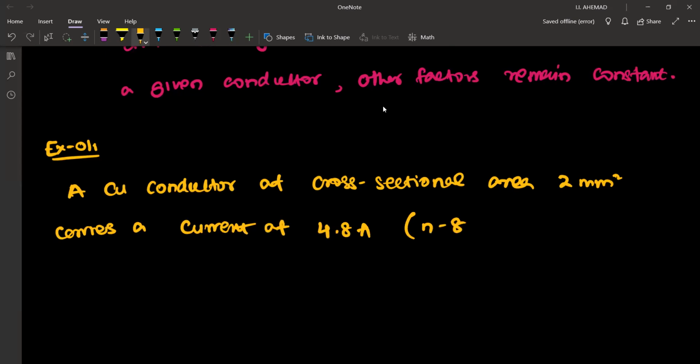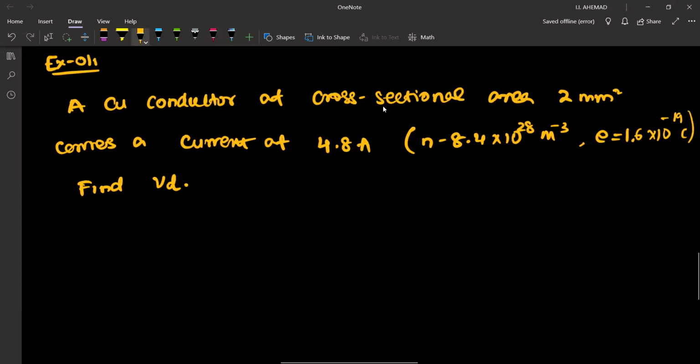N is 8.4 into 10 to the 28 per meter cube, and E is 1.6 into 10 to the minus 19 coulomb. Find Vd. Can you?